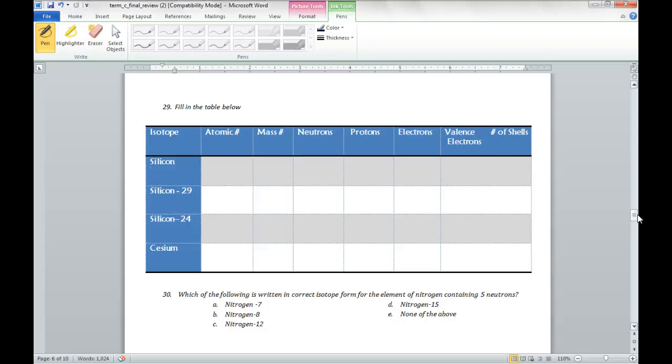Okay, next is filling out the table below with atomic number. And I actually don't have a periodic table in here with me. Let me grab a periodic table.